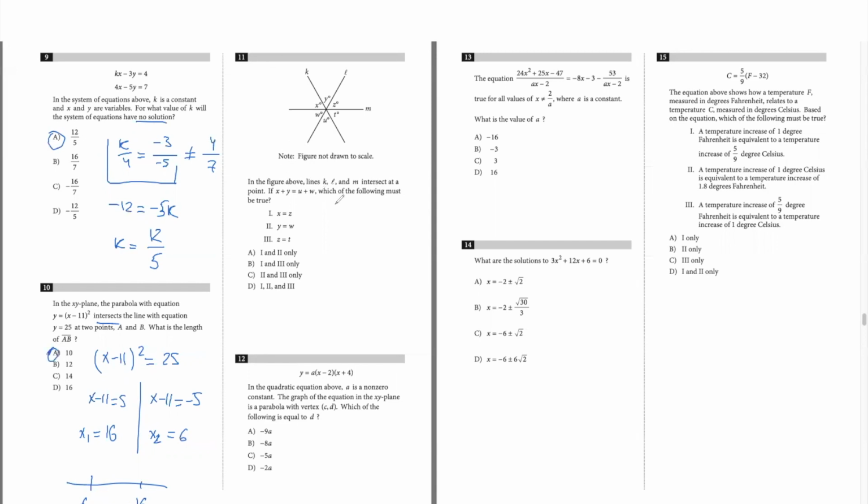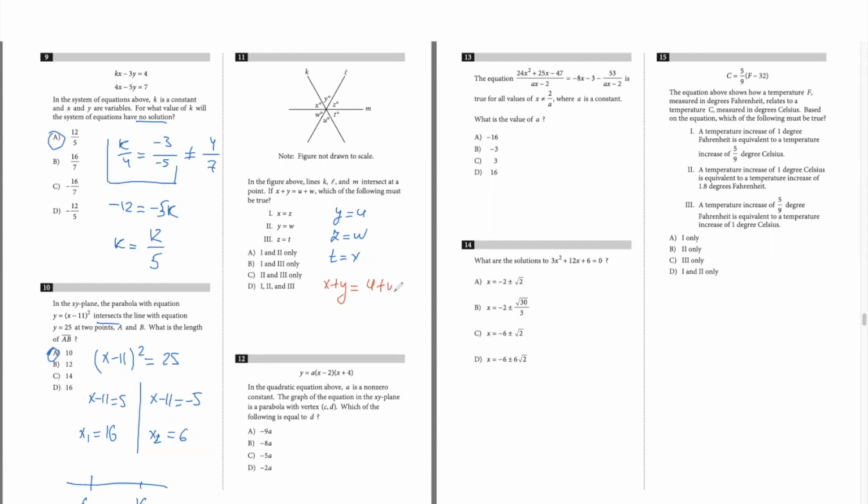For 11, which of the following must be true? All right, look, here we see that y is equal to u, z is equal to w, and t is equal to x. And we are given that x plus y is equal to u plus w.